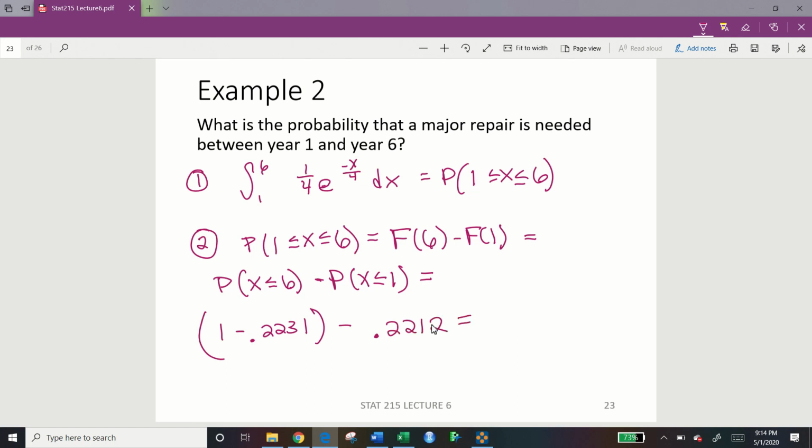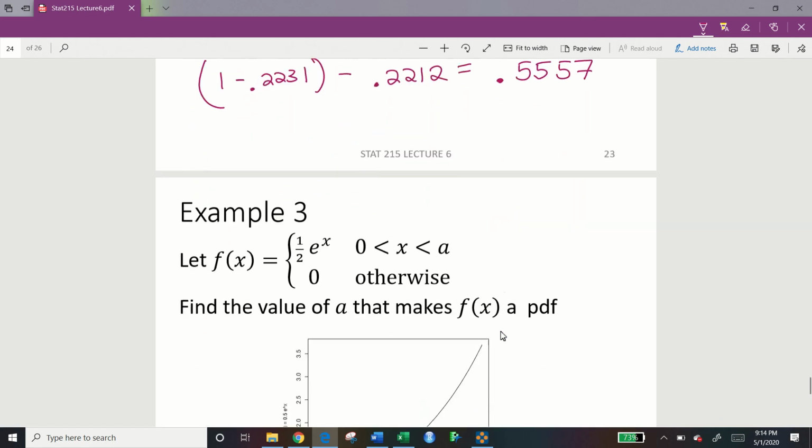Now, simple math, you'll get a result of 0.5557. So, what is the probability that a major repair is needed between year 1 and year 6? The answer is 0.5557, or about 56%. Not bad. Now, at this point, let's move on to our third example.